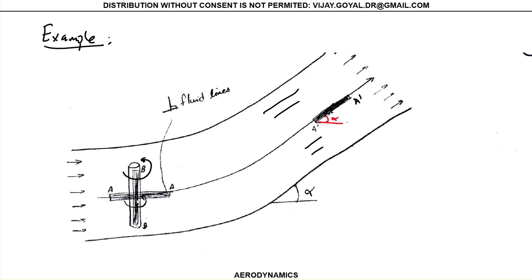Because there's no vorticity out of the paper, the tendency you might think is, oh, this is really going to do like this. Well, it's not correct. What it's going to try to do is oppose the fluid lines, okay?